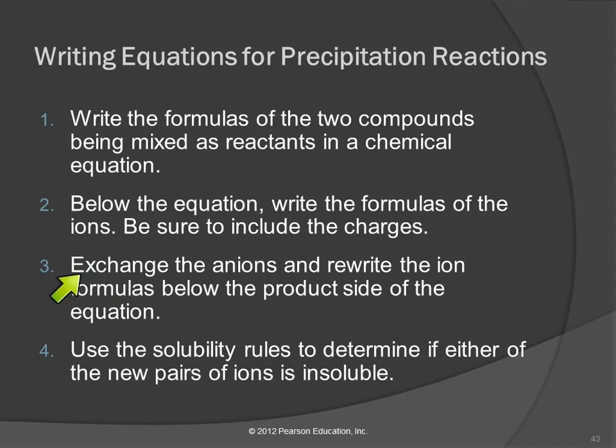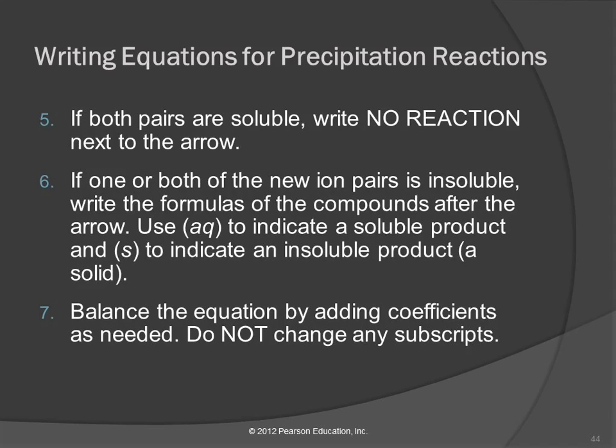So you exchange the anions, and you write the formulas for those ions below, and then you go look in the solubility rules and see, are these guys going to be attracted to each other? Is there going to be this chemistry that causes this compound to be insoluble? These people will not mingle anymore. If both pairs are soluble, then there's no reaction.